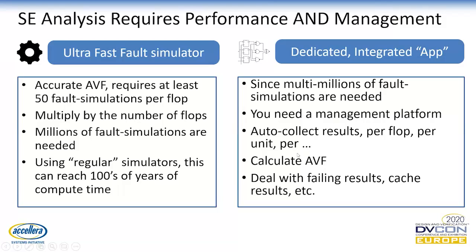And you need a platform because multiple simulations are running. You need management to collect the results on a per-unit basis, and you have to calculate AVF for each flip-flop and deal with all the different failures, cache results, etc. So this is where you can look into the OSD and try to optimize the ASIL analysis.